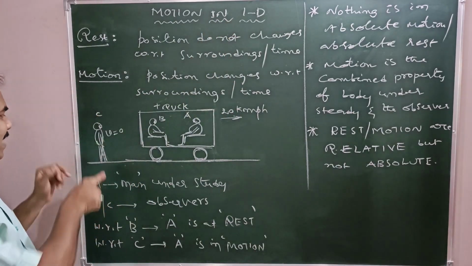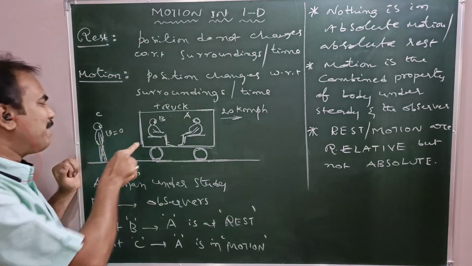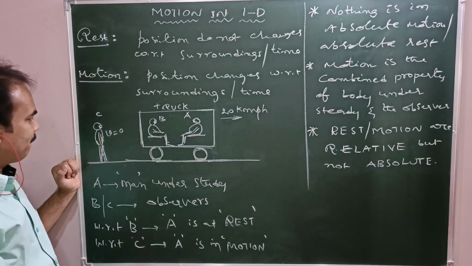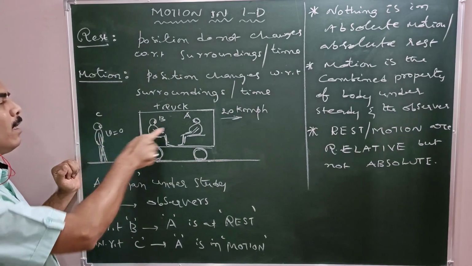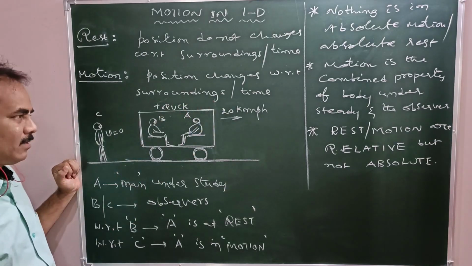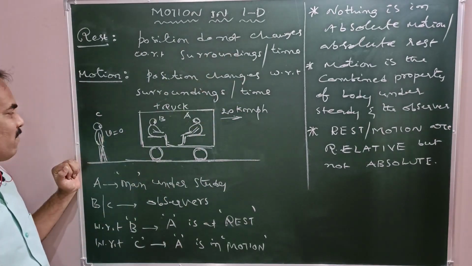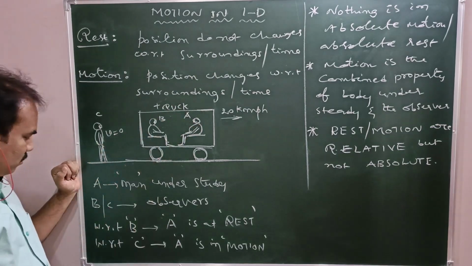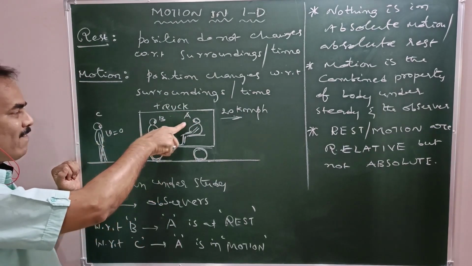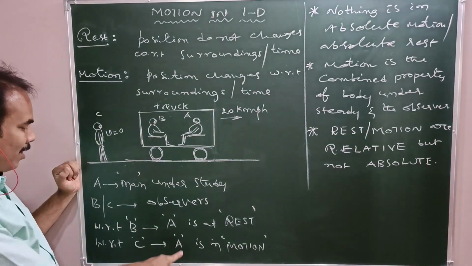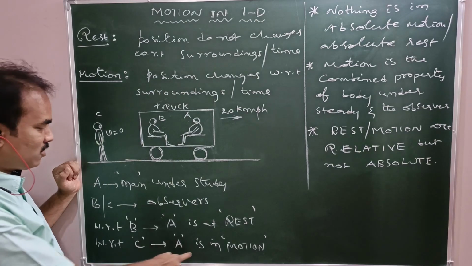Because a frame attached to C is different from a frame attached to the truck. That is the reason why with respect to C, the velocity of A is 20 kmph in forward direction. So C finds as if A moves with 20 kmph in forward direction. So what is the state of A with respect to C? In motion.